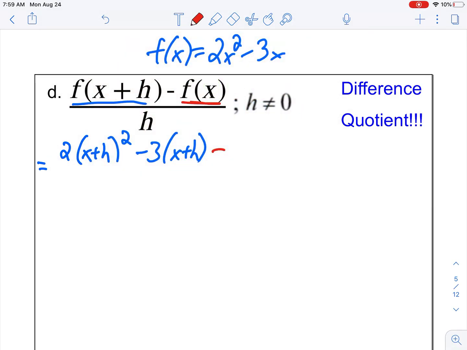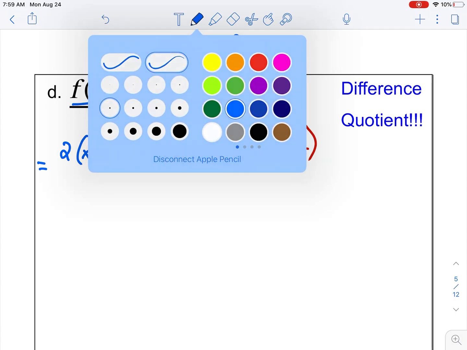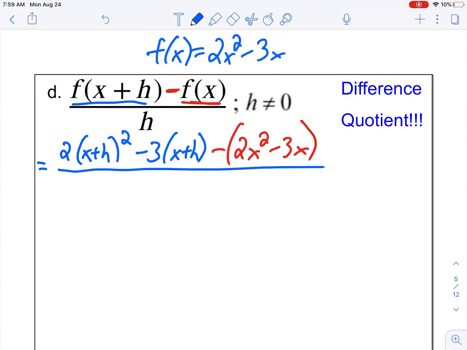This just wants me to subtract f of x. So f of x is what's up here, so I have to take that whole thing, 2x squared minus 3x, and just put it there. But because I want to subtract the whole function, I've got to put parentheses around that. I have to distribute this negative into that function. And then that's going to be divided by, let's do this in black, divided by h. There's nothing I can do with that h.